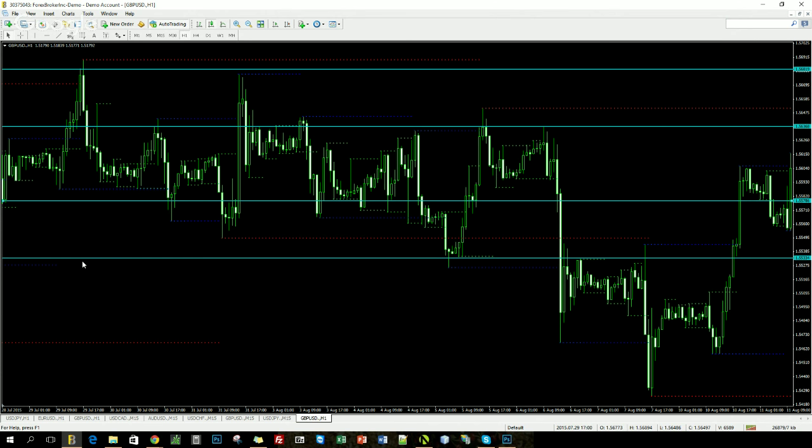So support is the bottom line, okay? You're supporting price. Price is hitting that and it's bouncing up, okay? So right here is a level of support, okay? Right in this scenario where you see these candles, okay? First of all, price dropped down and it kind of hit a little bit of its own support resistance right there, okay?